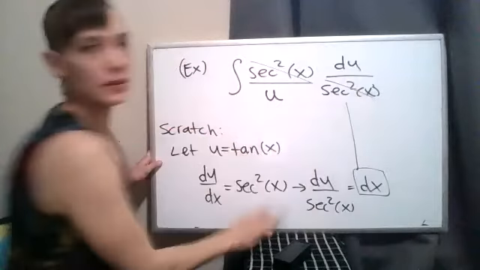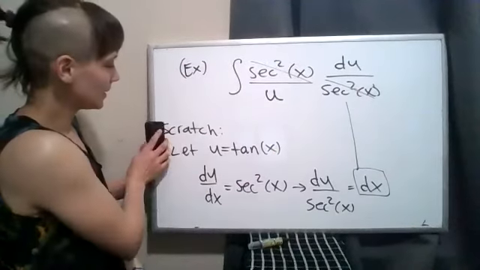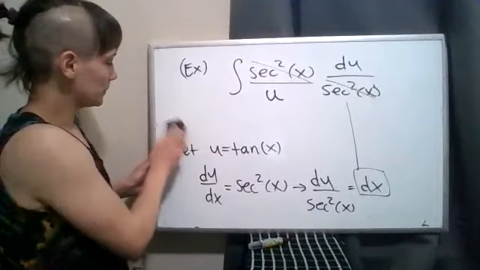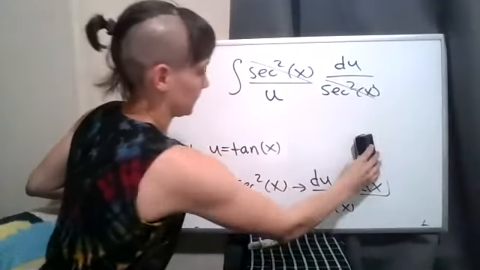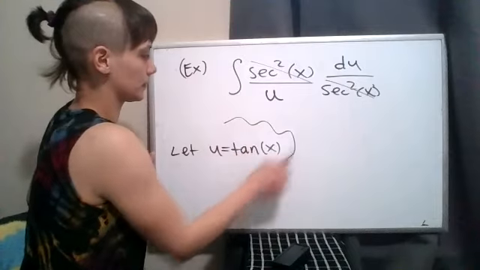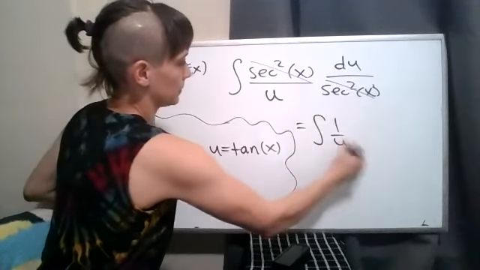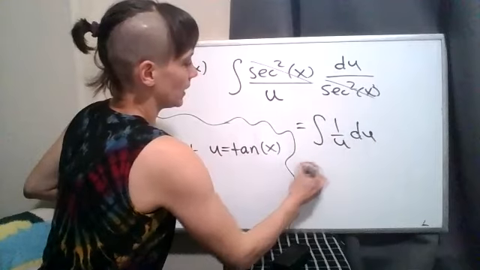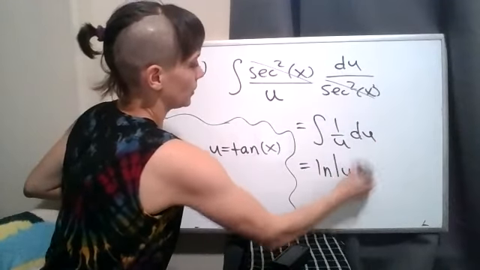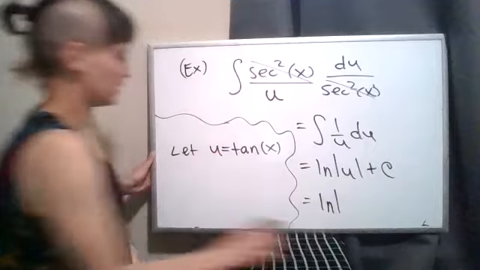That is going to reduce to 1, and it's the integral of 1 over u du, which would be ln absolute value of u plus c, and u was tangent x.